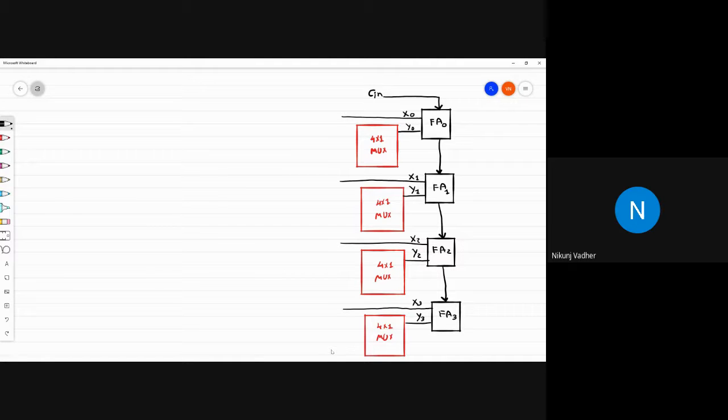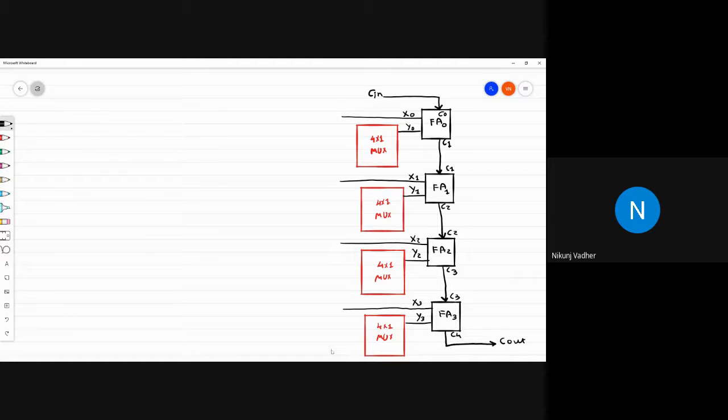This is C in. Here you can say C0, carry 1, carry 2, carry 3. This is C4, or you can say carry out.